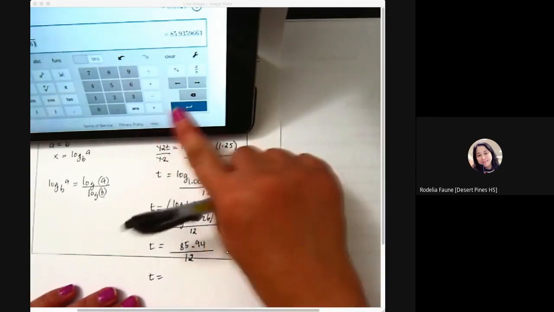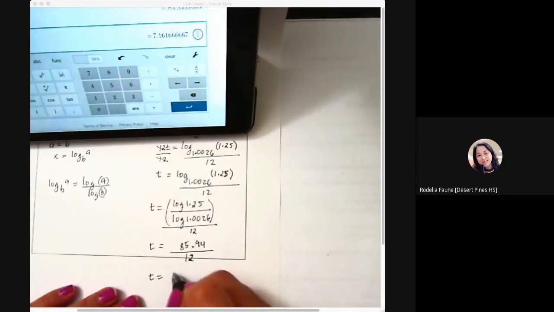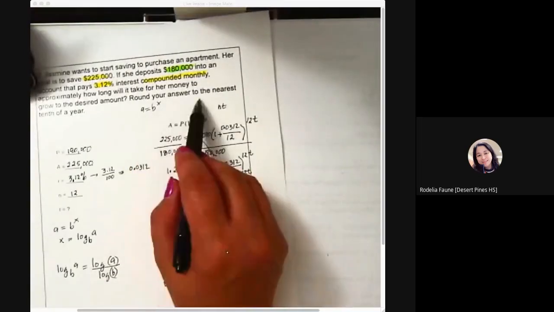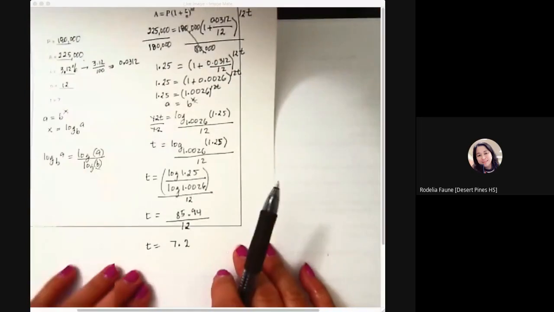So let us divide that. 85.94 divided by 12 is 7.2. It says here, round your answer to the nearest tenth of a year. So nearest tenth, only one decimal.